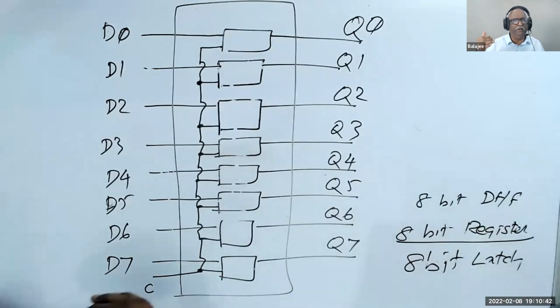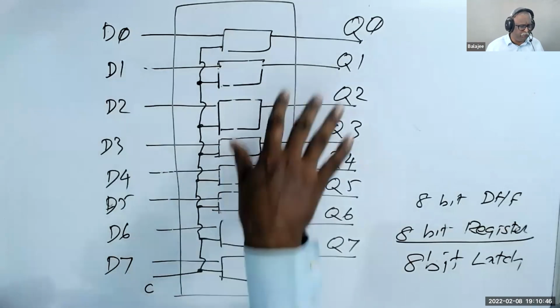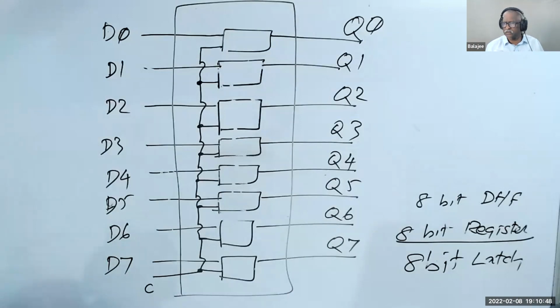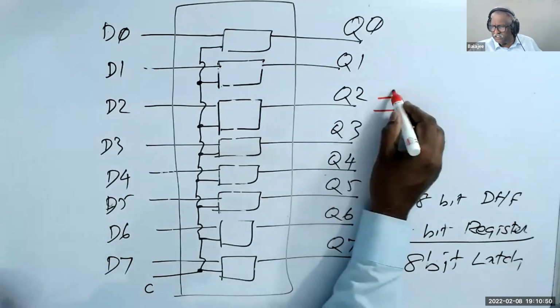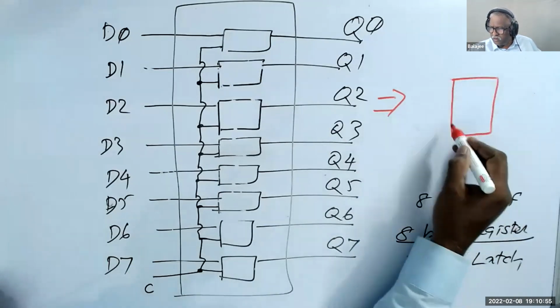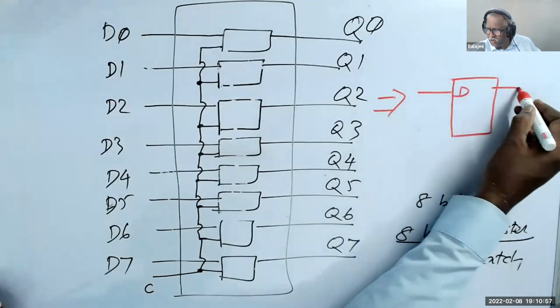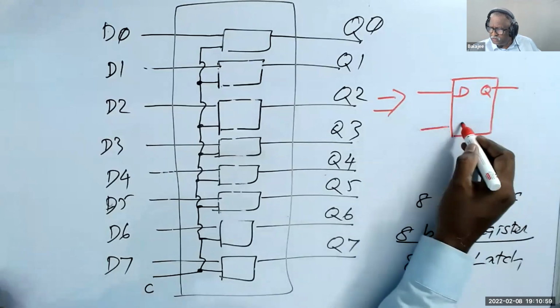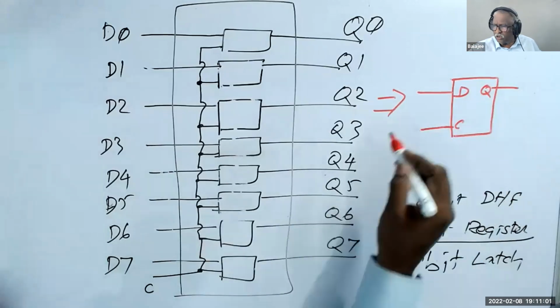But as I mentioned to you yesterday in the classes, drawing this much is boring. So what people did was, they drew this in a very simple way: D, Q, C, and they put 8 here.